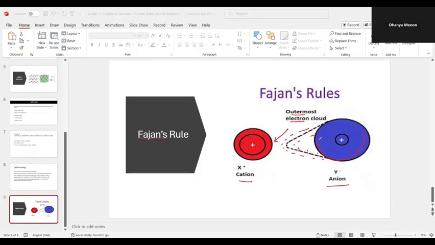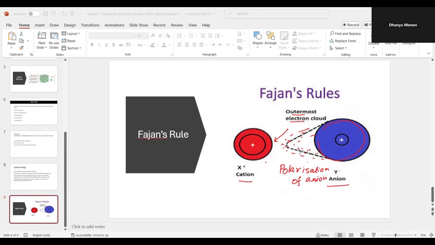So the spherical shape of the anion is seen to be distorted, and it appears that there is a sort of sharing between cation and anion, and there is development of poles. Okay, and this deformation of electron cloud is called polarization of anion.